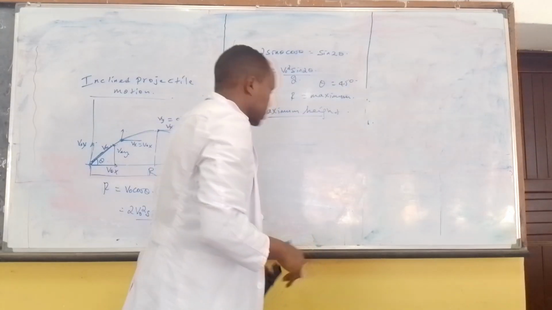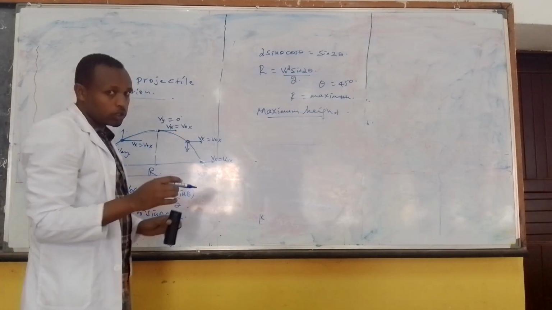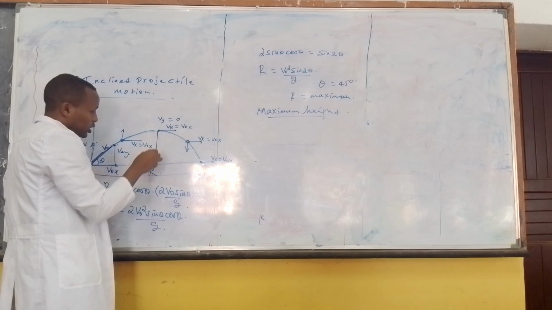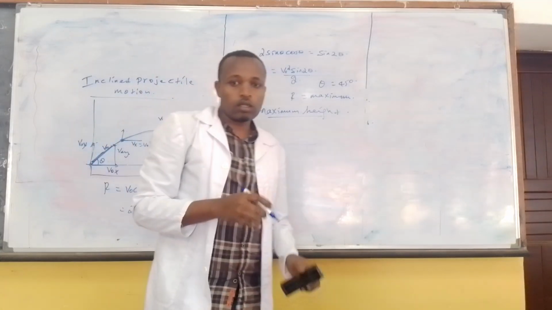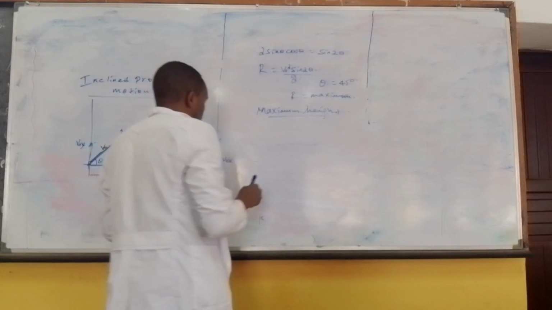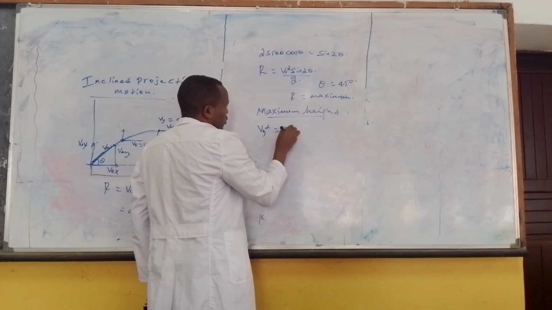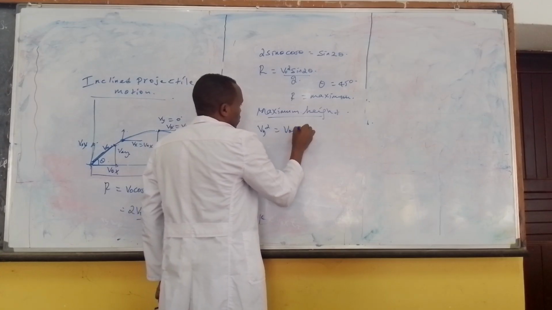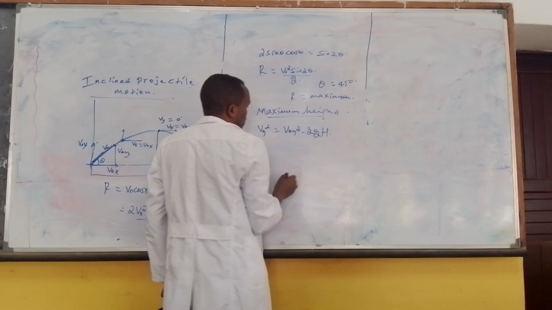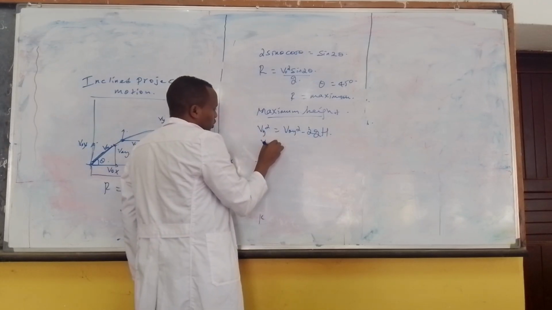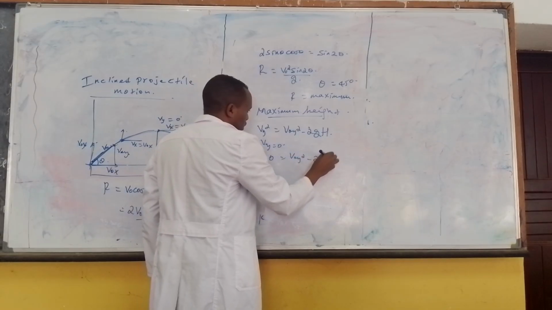The maximum height of the projectile is the point at which Vy equals 0. We can derive the maximum height from Vy squared equals V naught y squared minus twice gravity times height. Since Vy is 0, 0 equals V naught y squared minus twice g times h.